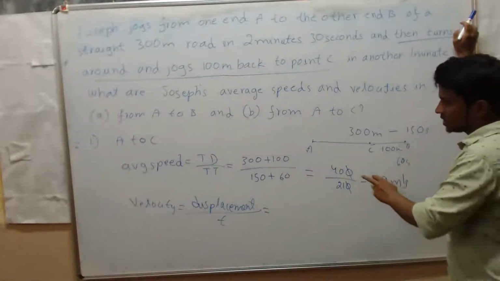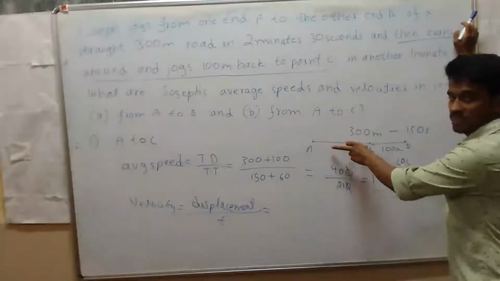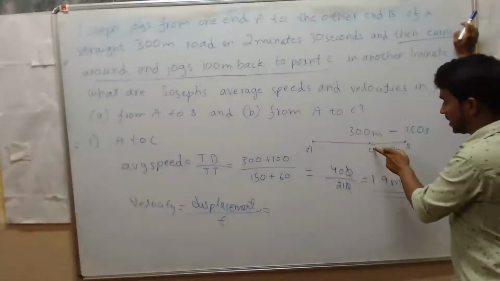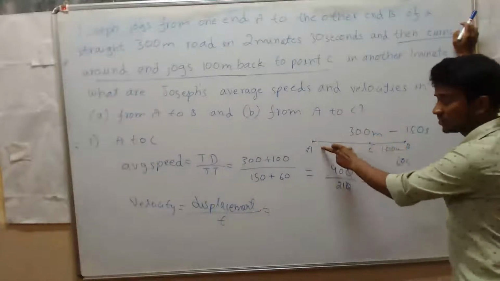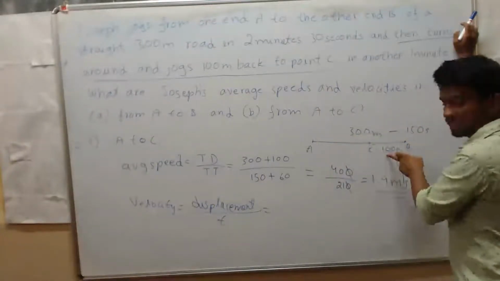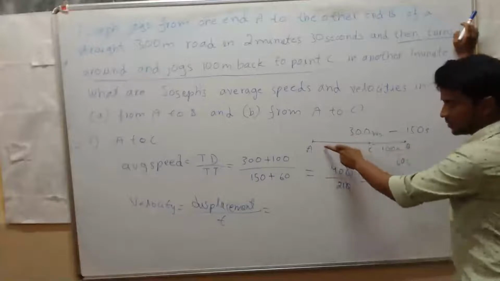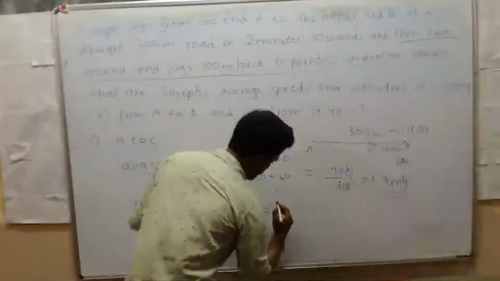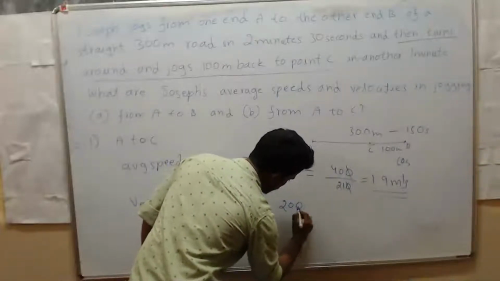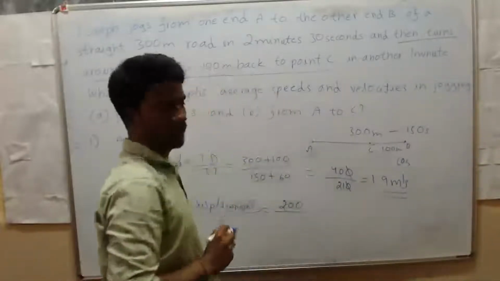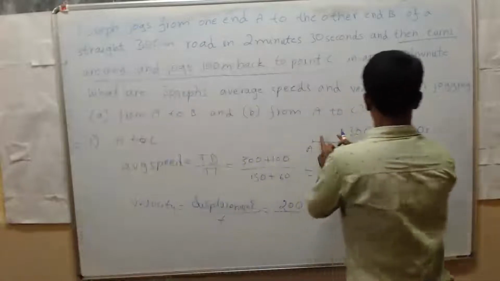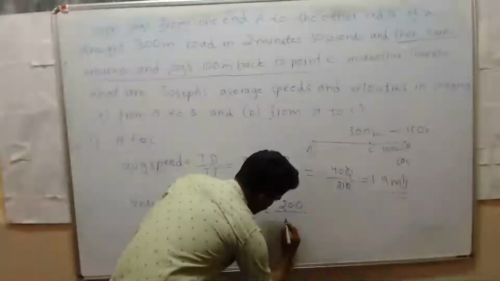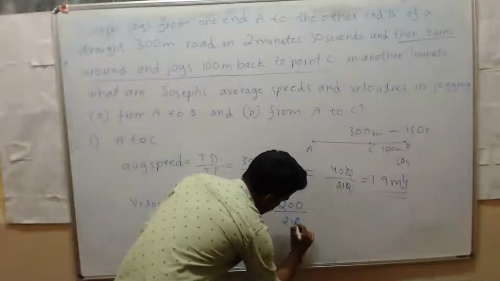So the shortest distance between A and C is 200, because here 300 and here 100. We need this distance. So the displacement from A to C is 200 meter. What is the time taken? Time taken is the same as before, 150 plus 60, that is 210.